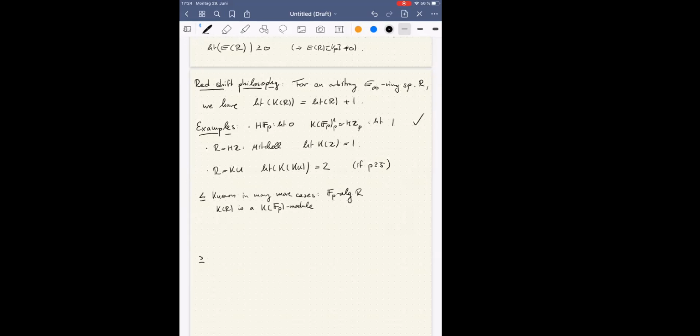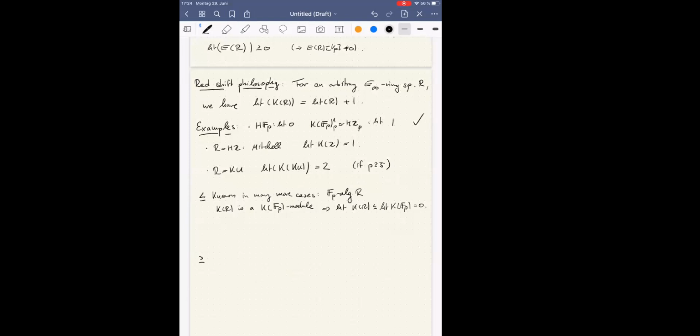And this implies that the height of K of R is smaller or equal than the height of K of Fp, which is 0. So it's automatically known for these. So this way, if you have one thing, you can often prove it for all modules over it. It's not quite true, but you can at least provide some bound.